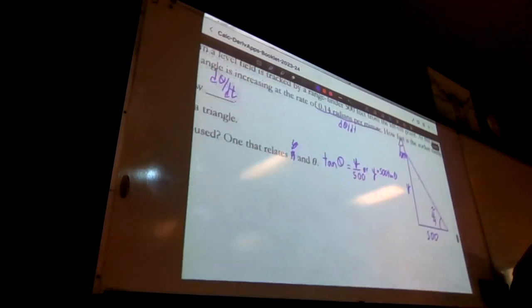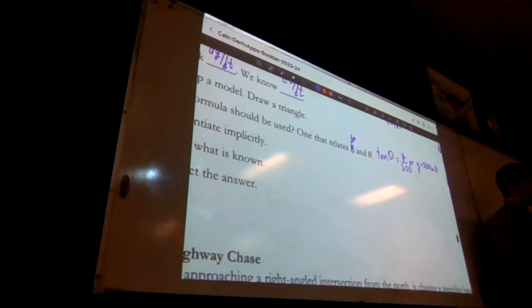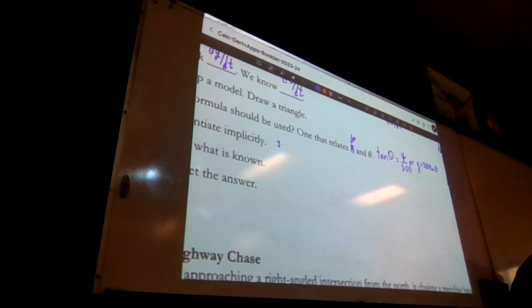So let's take the derivative of both sides. The derivative of the left side is going to be, what's the derivative of tangent theta? Secant squared theta. And don't forget to also write, what did we just take the derivative of? d theta over dt. Okay? We took the derivative with respect to t.